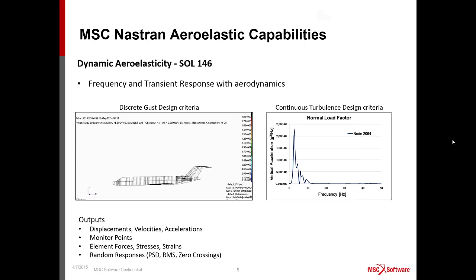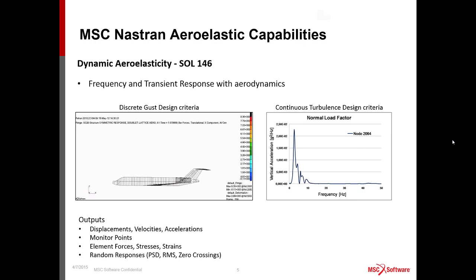If we think about dynamic aeroelasticity, we are going to talk about solution 146. This is again a frequency response, but we can use it even to get the transient response, for example, of an aircraft that is subjected to a gust analysis.